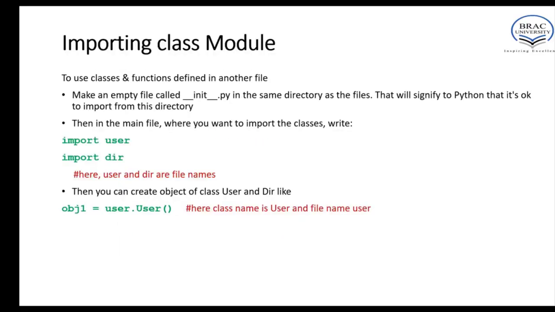Now, importing a class module: instead of writing all the classes in one file, you can write the designed class in another file and then call this class from another file. To do that, make an empty file called __init__.py in the same directory as the other files, which signifies to Python that it's okay to import from the directory. After that, in the main file where you want to import the other classes, you just need to write import user, import dir.